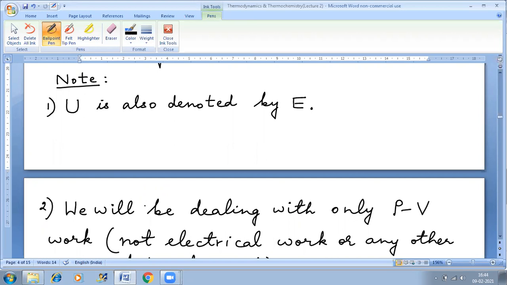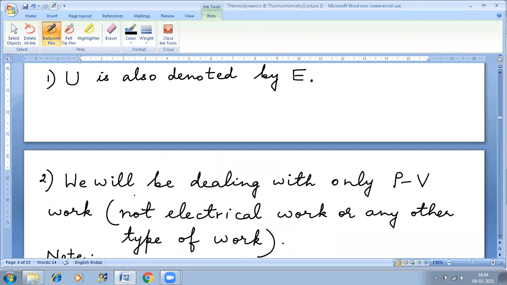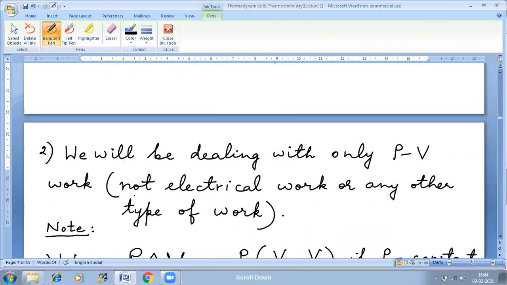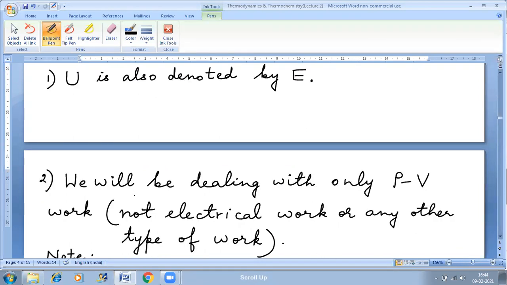That means the work due to expansion or the work due to compression or the work that occurs due to change in volume. So we will be dealing with only PV work. PV means the pressure volume relationships. So we are not considering any electrical work here or any other type of work. We are considering only the pressure volume work. That means the work that is done because of a change in volume. It could be an expansion, it could be a compression.